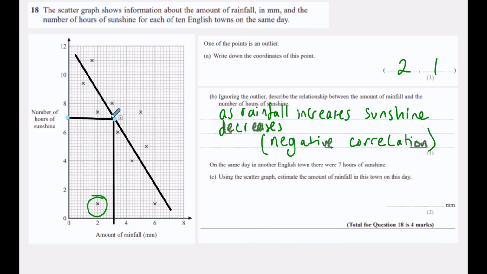That line wasn't completely straight. So 7 hours of sunshine, it's coming out just over 3. I could write 3.1, 3.2, but there'll be a range of acceptable answers, and anything from 3 to 4 would be acceptable for that one.